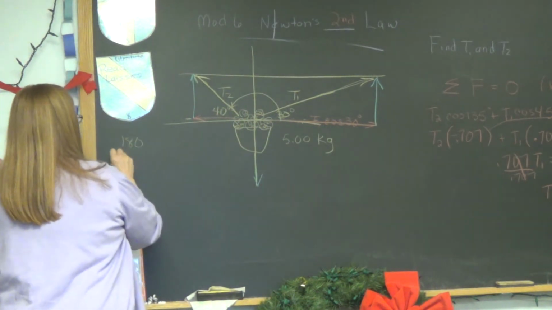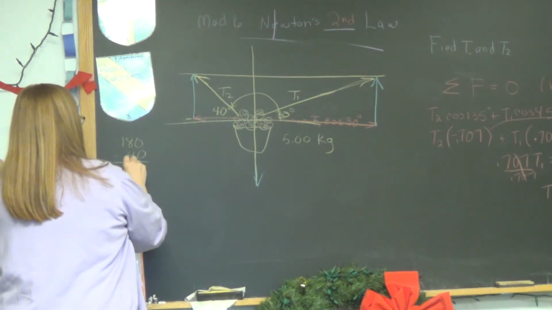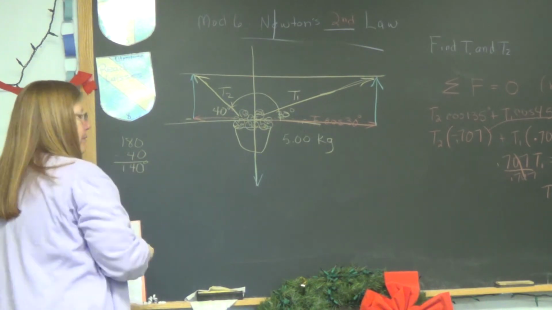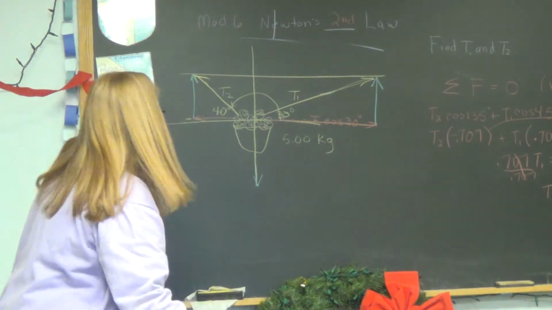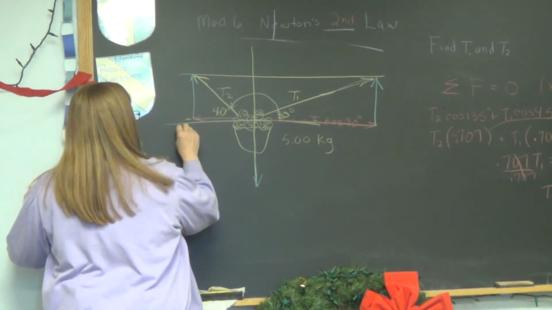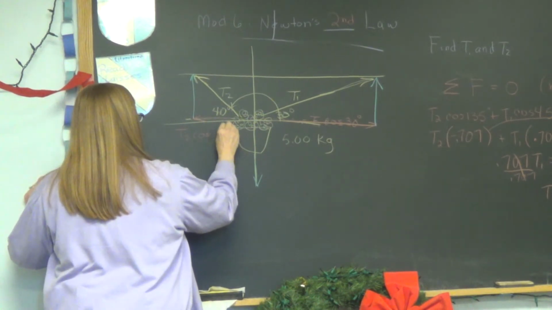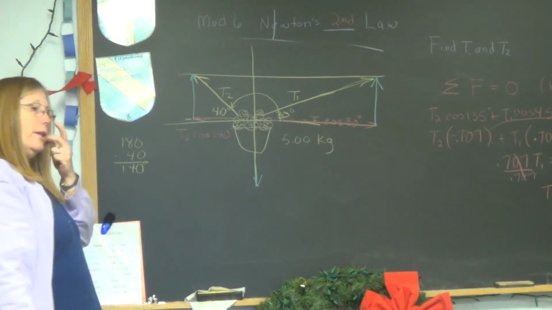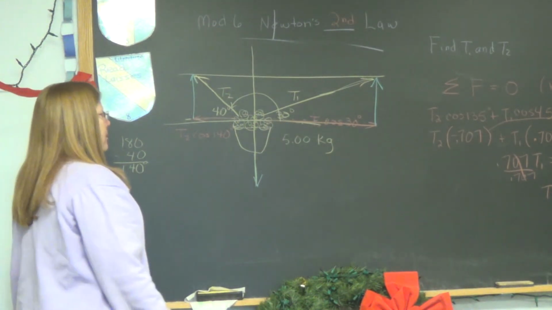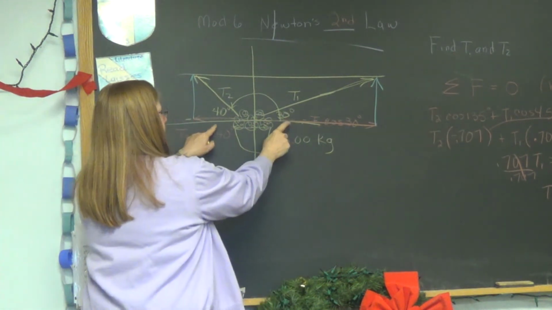So 180 minus 40 is where it really is. So over on this side then, we have T2 cosine 140. Remember the last problem we used 135, it was a different angle.